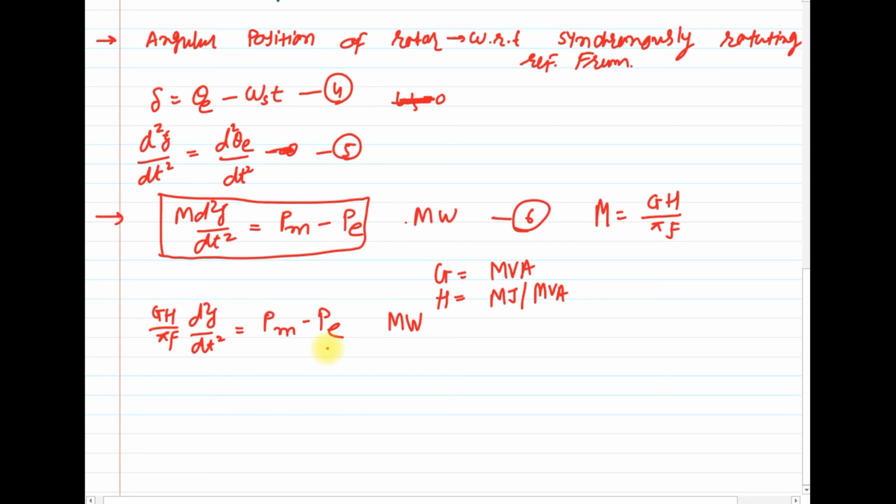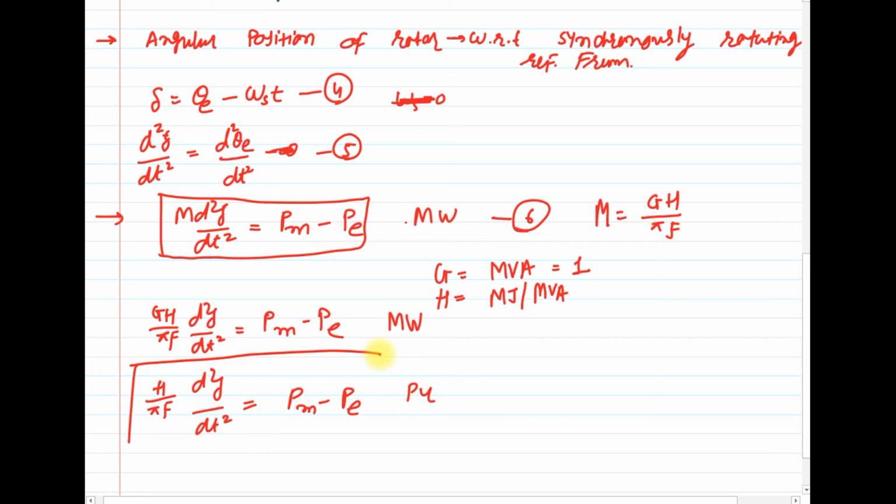So we will consider the value of machine rating as 1, or we can divide the left hand side with G. So we will get H upon pi F d square delta upon dt square, which is equal to Pm minus Pe in per unit. Clear?